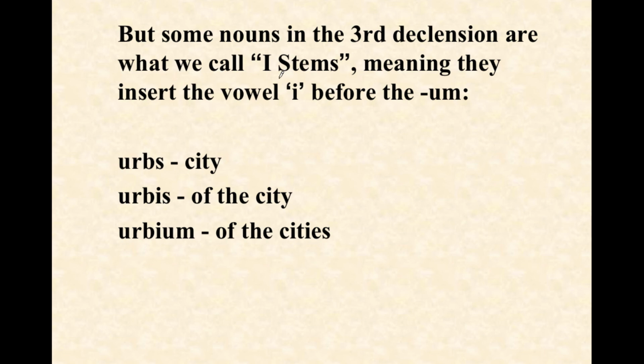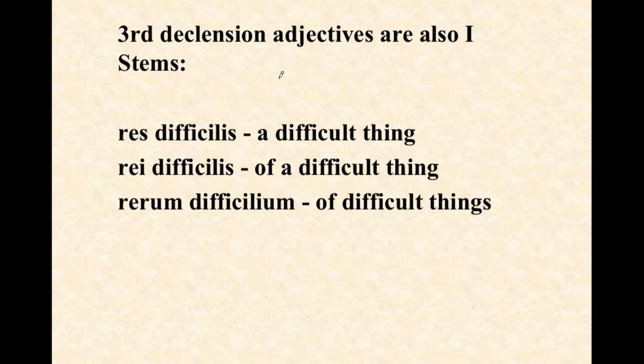It's urbium of the cities. Now, third declension adjectives are also I stems. Okay, so res difficilis, a difficult thing. Okay, the genitive singular of both, rei difficilis, of a difficult thing. But if you have the genitive plural, you're going to again have an I stem genitive plural. Rerum difficilium, of difficult things.